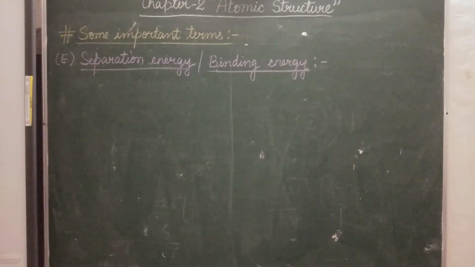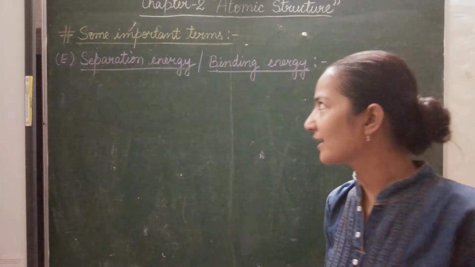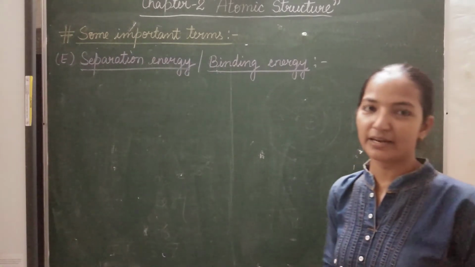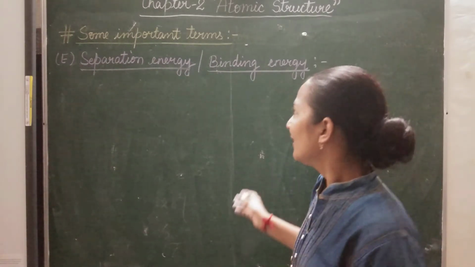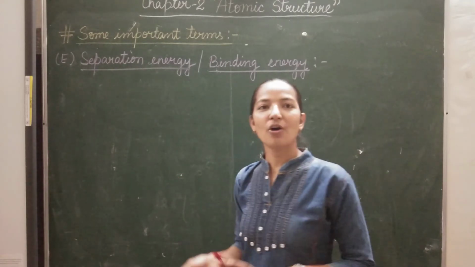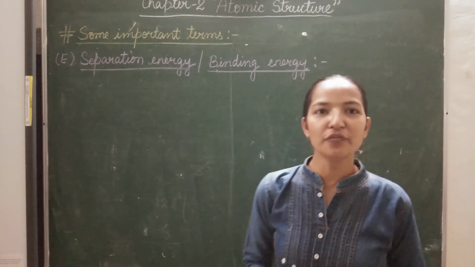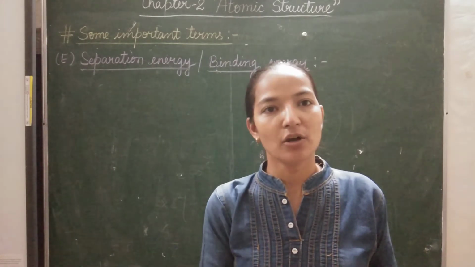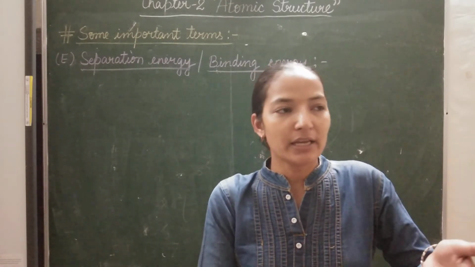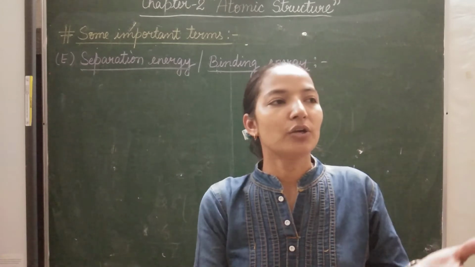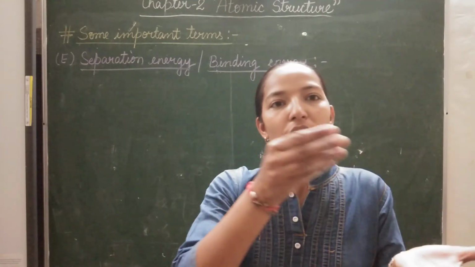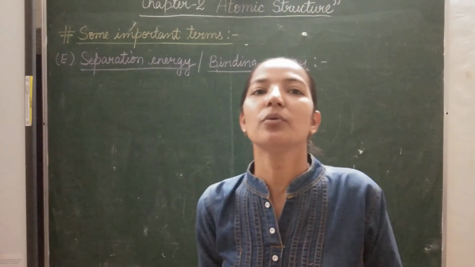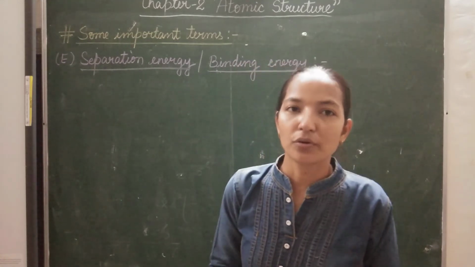Now the last type of energy is the separation energy or binding energy. Separation energy or binding energy is the amount of energy required to take an electron from any excited state to infinity. You have to remember the difference.